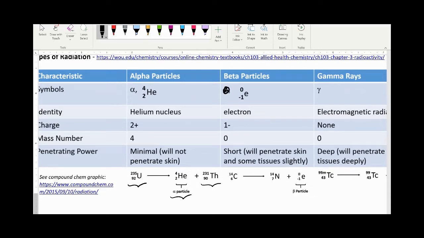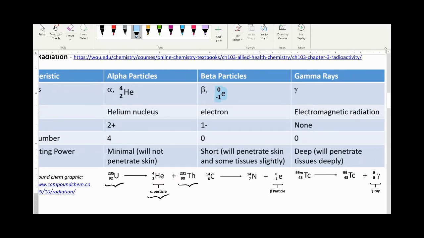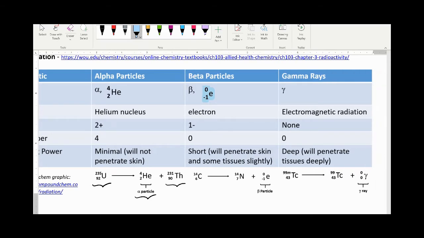And then its symbol in the nuclear equation is a 0 for the mass number, a -1 for its charge, and then the little e to remind us that it's an electron. Now, as far as a beta particle's penetrating power, its penetrating power is more than an alpha particle, but less than a gamma particle. And so it will penetrate skin and some tissues, like internal tissues is what we're talking about.